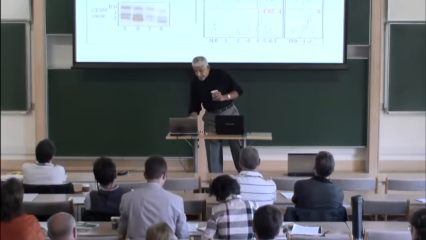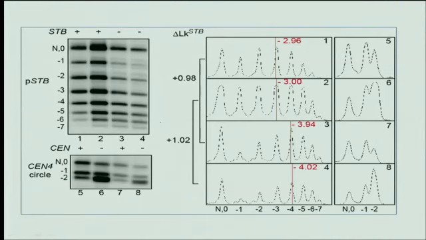Okay, so now to make sure that's true, we did exactly the same experiment. This identical experiment was split into two parts, and in one case we resolved the two circles. Right? So in all the experiments so far with the two resolved circles, we had kept SEN active, so we did not see any shift in the topology of the small circle.